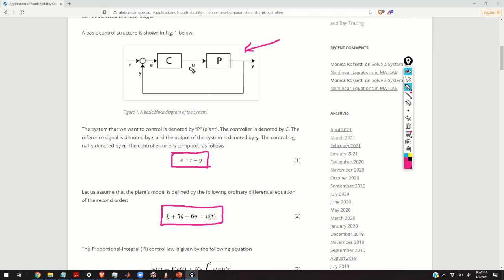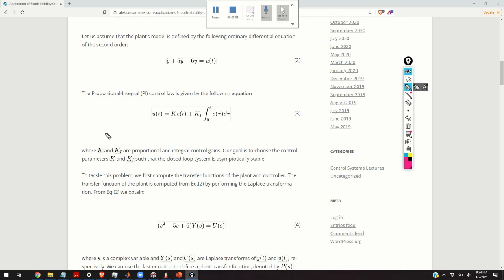That is, if you apply the input on the right hand side, the output will behave according to this ODE. The controller is given by equation 3. K is the proportional gain, Ki is the integral gain, and E is the error previously defined.